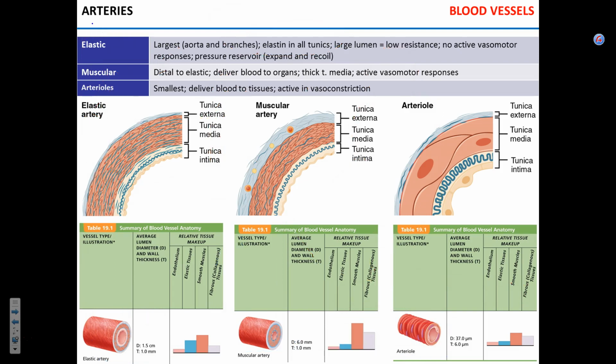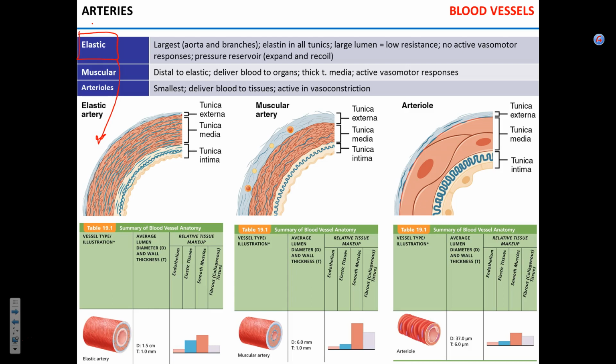There are three distinct types of arteries. First type is elastic, shown here on the left. Those are the largest arteries in the circulation, such as aorta, subclavian arteries, common carotid arteries.